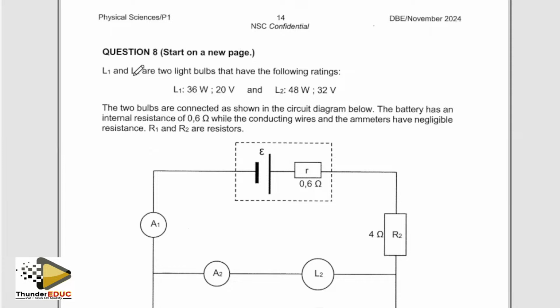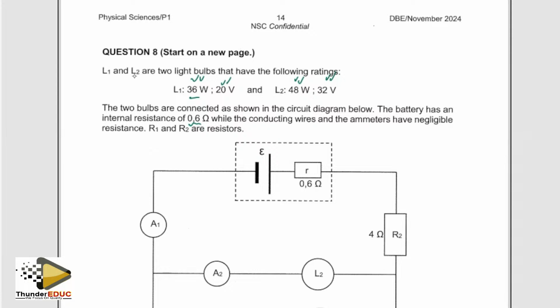They're telling us that L1 and L2 are two light bulbs that have the following ratings, okay? L1 is rated 36 watts, 20 volts, while L2 is rated 48 watts and 32 volts. The two bulbs are connected in the circuit diagram below, and the battery has an internal resistance of 0.6, while the conducting wires and ammeters have negligible resistance.